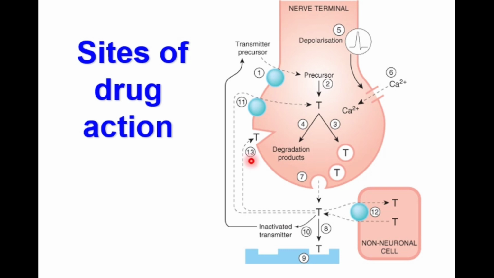We are going to give examples of drugs interacting with the processes of neurotransmitter synthesis, neurotransmitter storage in the vesicle, neurotransmitter release, hydrolysis of neurotransmitter by enzymes, and the uptake pump for neurotransmitter, and so on, both in cholinergic and noradrenergic neurons.